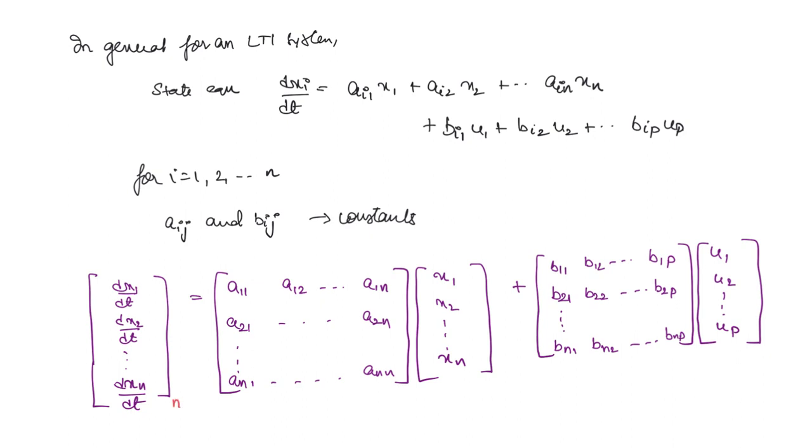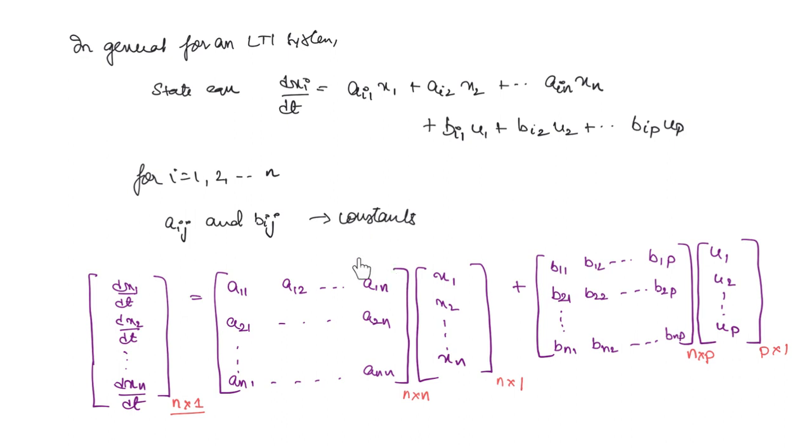Okay, so what is the order of this matrix? It is n into 1, n number of rows and 1 column. What about this matrix? Here it is going to be n into n, and this is n into 1. Here it is going to be n number of rows into p number of columns, and here you have p number of rows into 1 column.